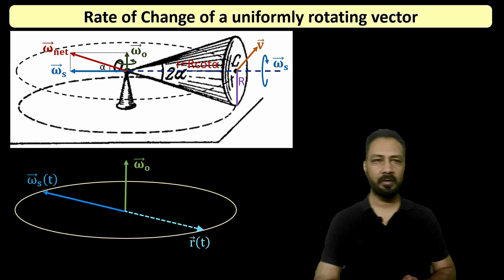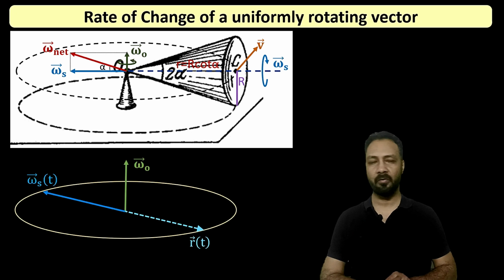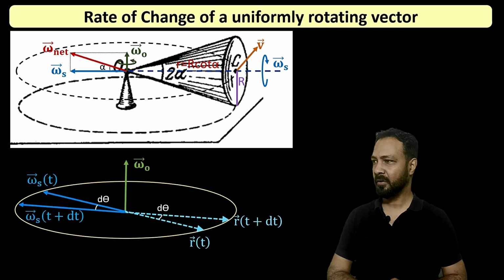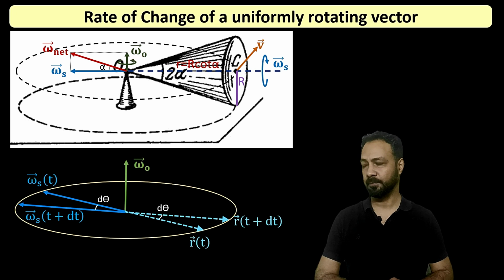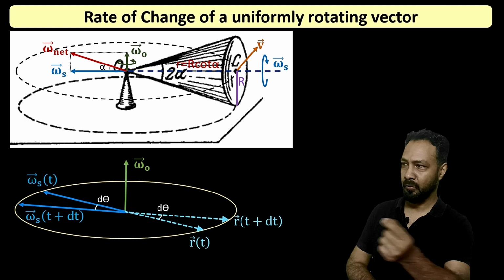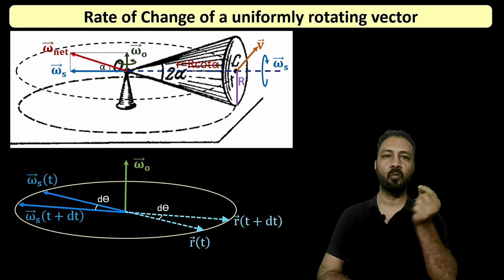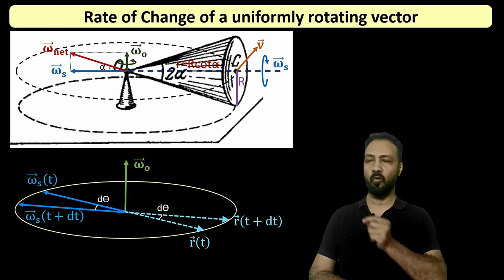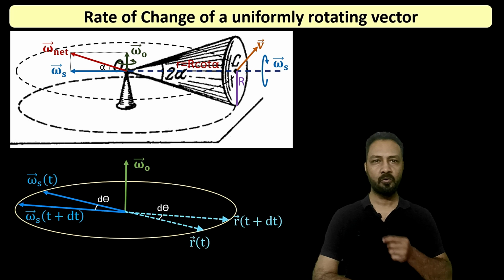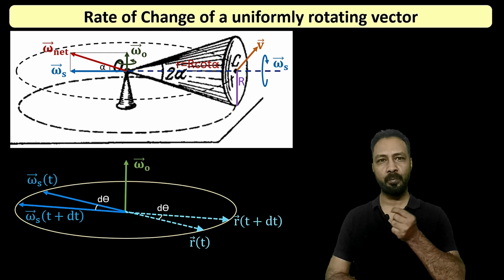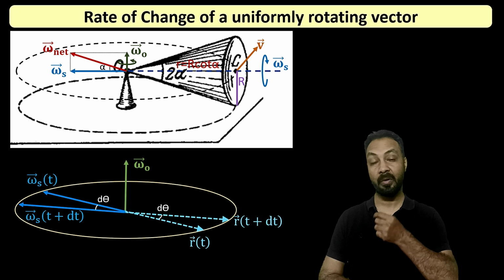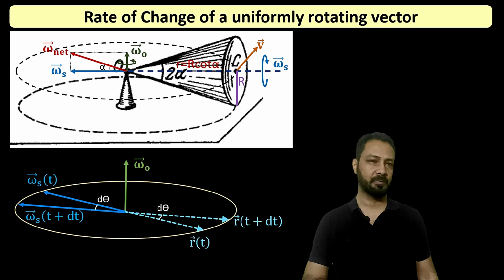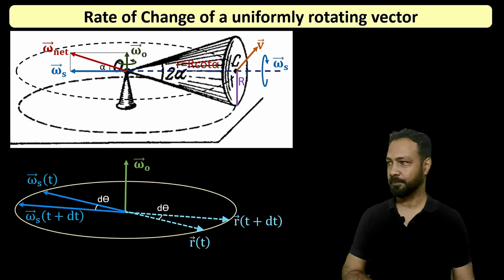Now after time dt, the new position vector R and the new position of the omega S vector are shown. As the cone is rotating, you can see that omega O is not changing, omega S is changing. So in omega net, omega O plus omega S, omega net is changing because of omega S, the spin angular velocity.